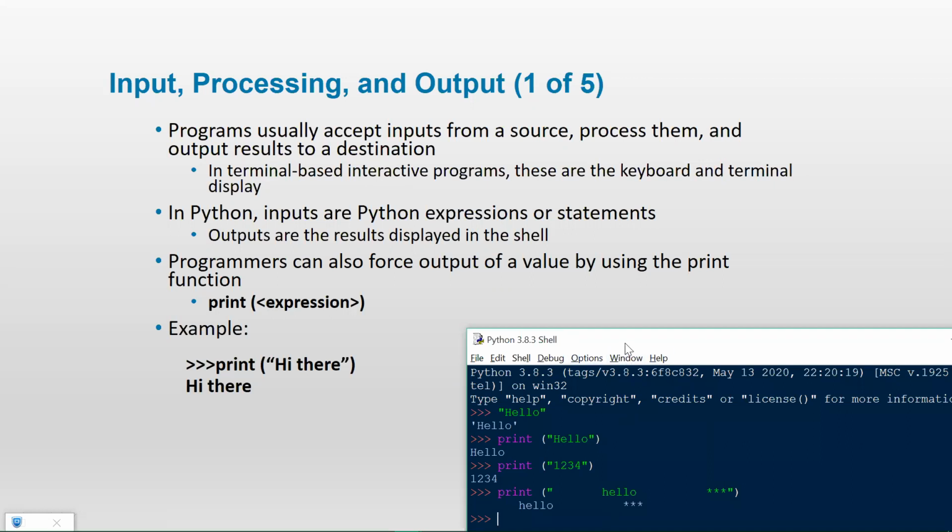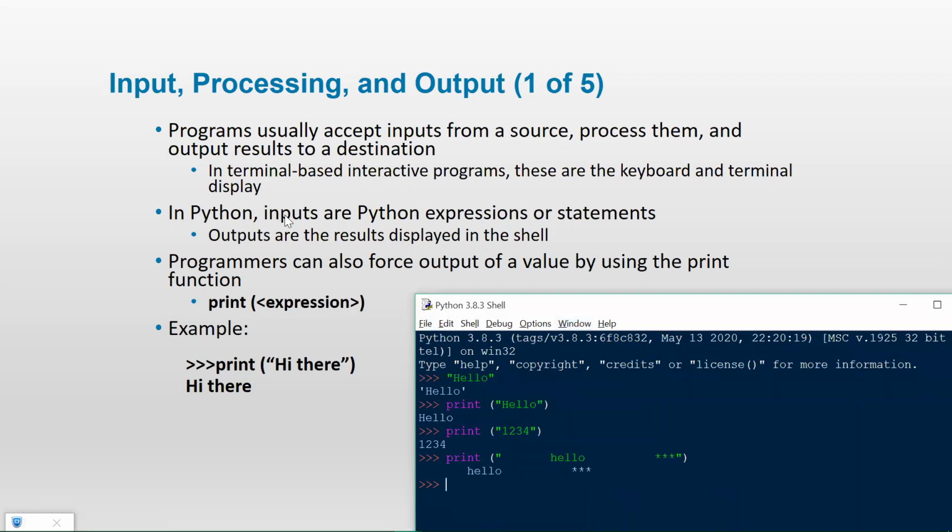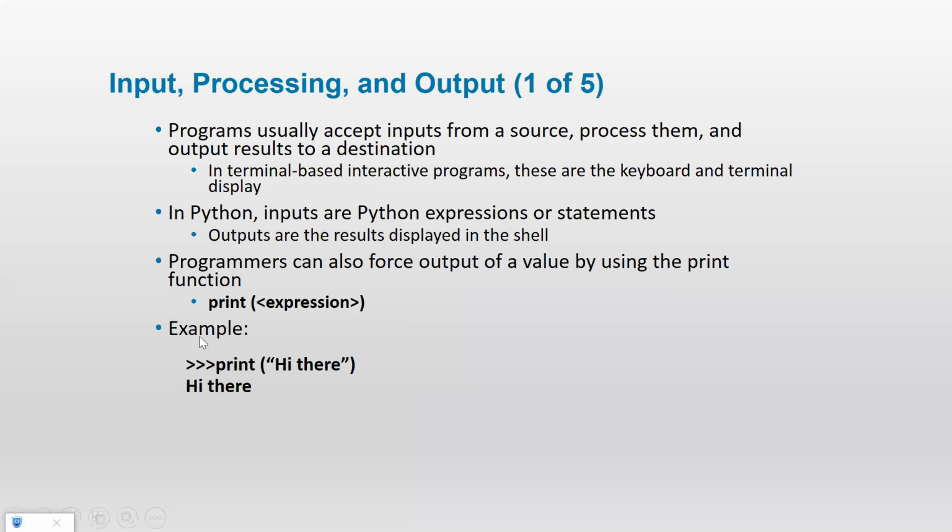It shows you the result, right? In Python, inputs are Python expressions or statements, and outputs are the results displayed in the shell. So this is the input, and that's the display, the result, right? This is also an input, that's a statement. We talked about this already.